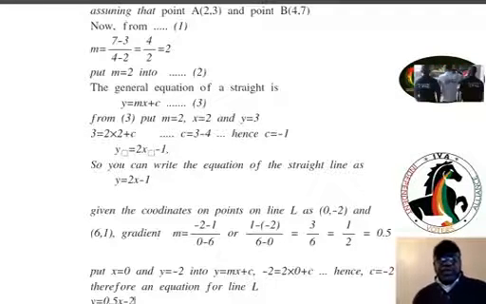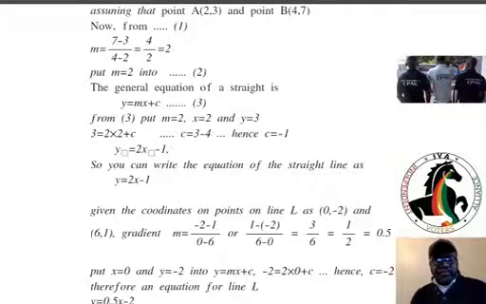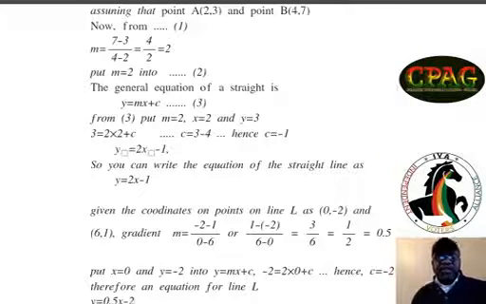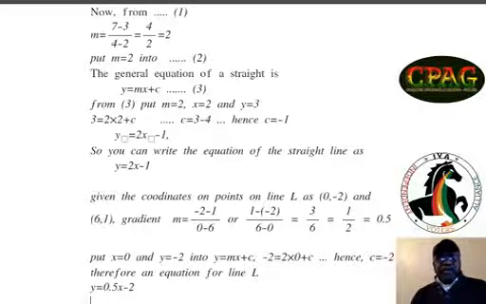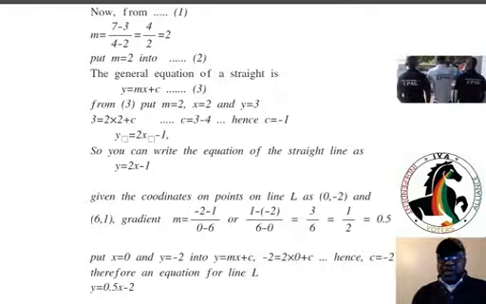That is the equation of the line. And that is done. So that is A, and then we go to B.